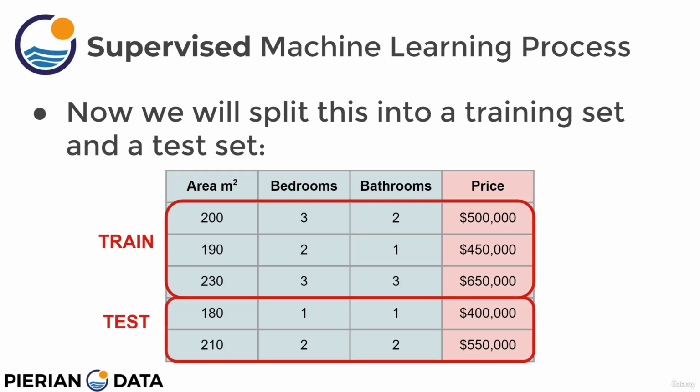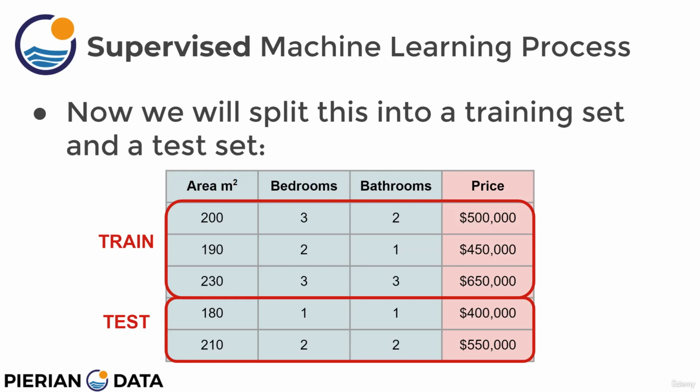Notice here that the training set and test set both grab the features and the labels. And typically you decide on some sort of percentage split. It's really common to have most of the data fall under the training set and some of the data fall under the test set, such as 70% for training and 30% for test.